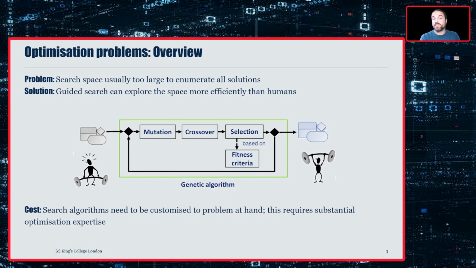An example of this are so-called genetic algorithms. These take a set of potential solutions, make small changes to them using processes called mutation and crossover, and then keep the best solutions based on some fitness criteria. This process is repeated, often, until a population of solutions has been found whose quality is judged to be sufficient.